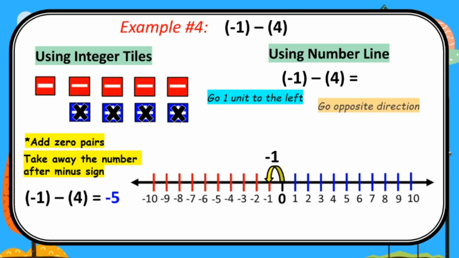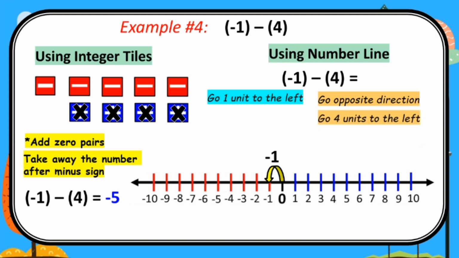Ang ating subtrahend ay positive 4. Go opposite direction. So, ano ang opposite ng positive 4? So, we have negative 4. So, ibig sabihin, go 4 units to the left. Pakaliwa. Ang positive 4 ay papalitan ng negative 4 sa subtrahend.